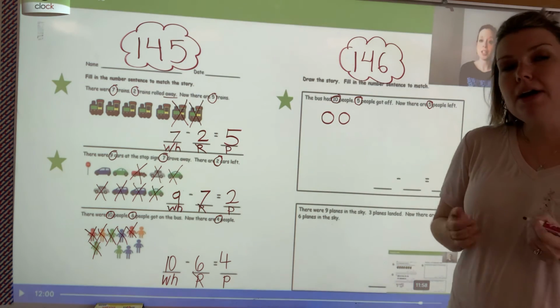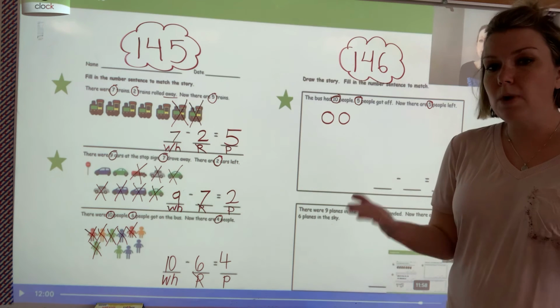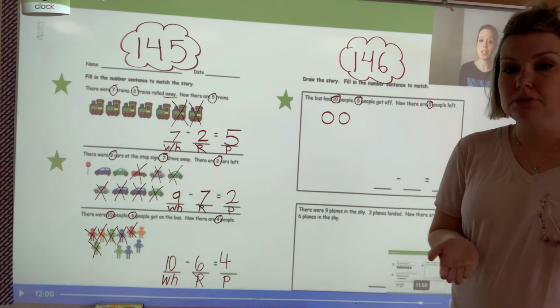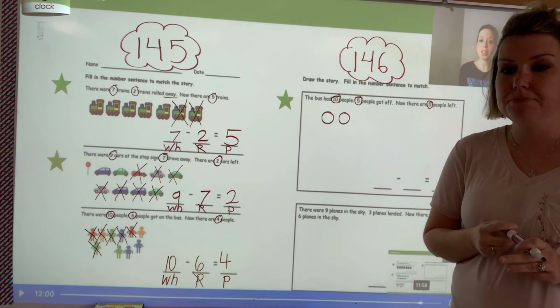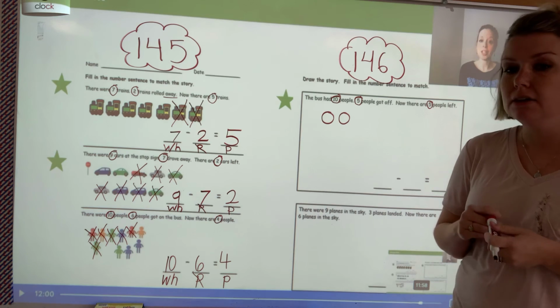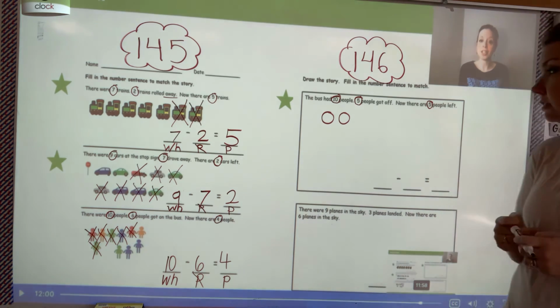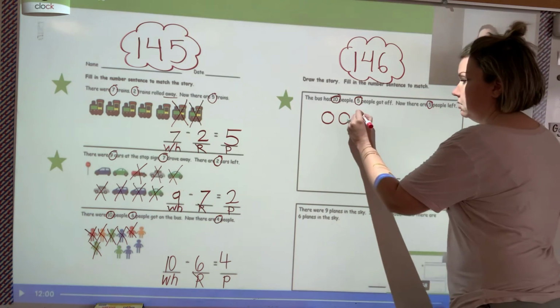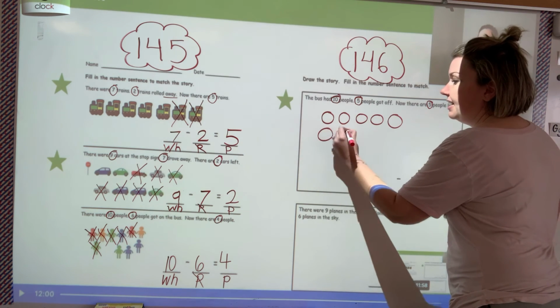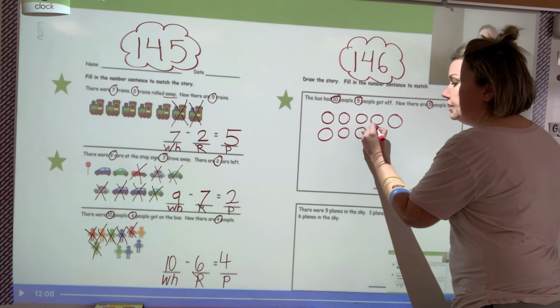Okay, so what way did Miss Emily draw the 10 people? How did she draw them? Carolyn? The 5 group way. It makes things a lot easier.